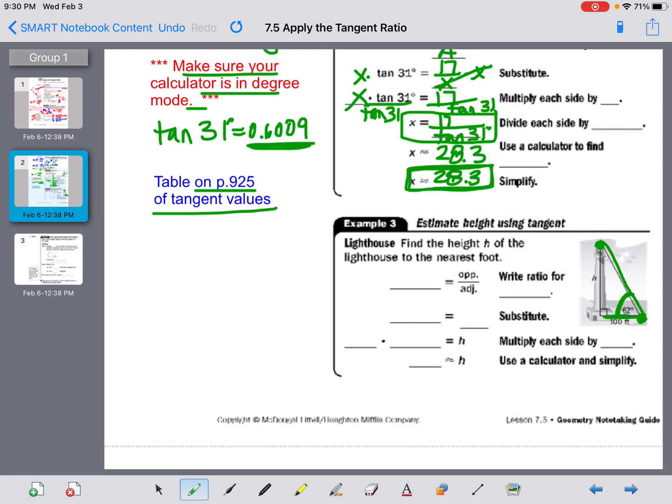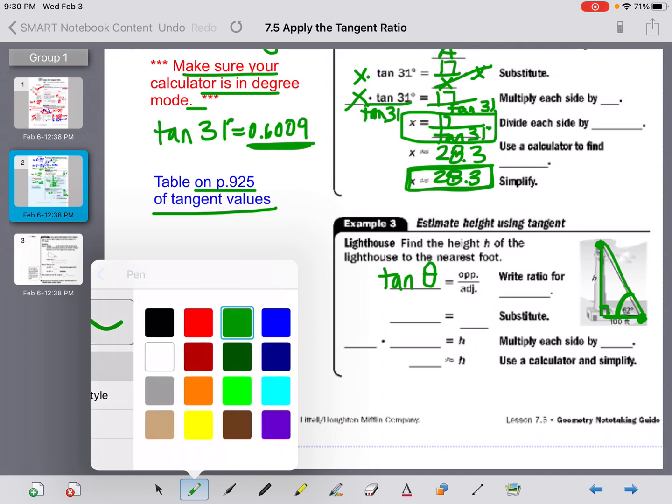What I have then, because my lighthouse is standing nice and straight, is a right triangle. And on that right triangle, I have one angle beyond the 90-degree angle and one side. So I'm going to use tangent of an angle. I'm going to use my theta just to stand for my angle equals opposite over adjacent. So what angle am I at? What's the measure where I'm at?